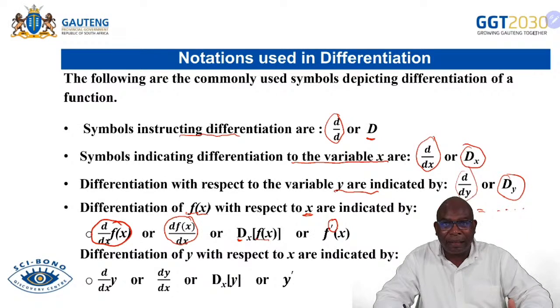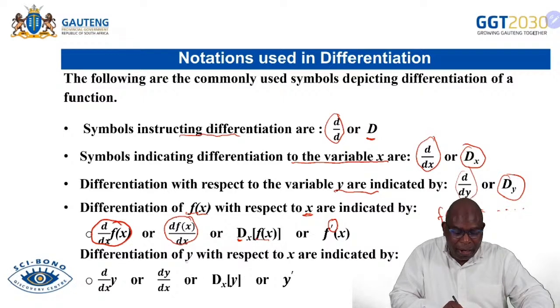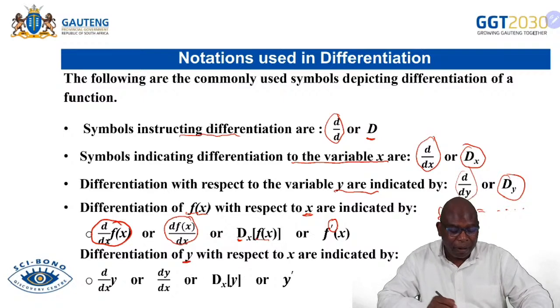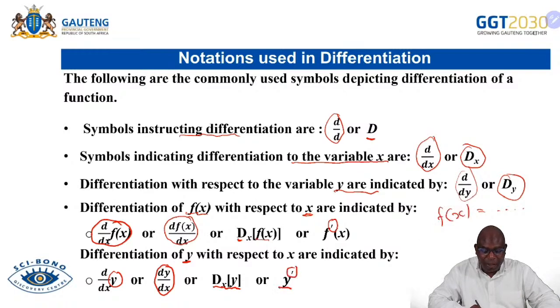So we have that little apostrophe there. So f prime, we call it f prime x. So now, the next one there is the differentiation with respect to y. So it will be the same thing, but you remember your y will be there because I'm differentiating y. Or I can write it as dy over dx. Or I can write capital letter D with a y. Or I can write y with that little apostrophe there. So it means that I'm differentiating. Okay, so these are the notations that are going to be used.